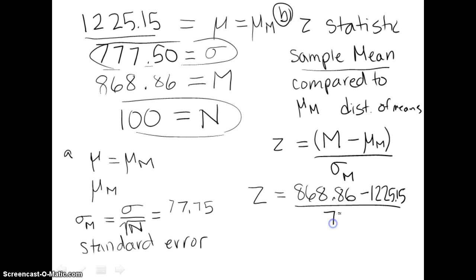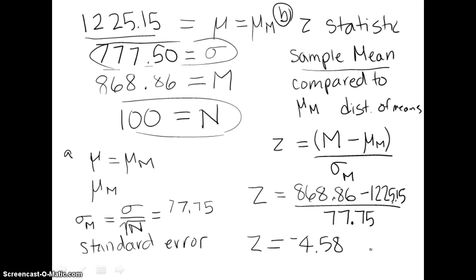We divide that by 77.75. If we work it out, you can try the calculations yourself, we find that our value is negative 4.58. So Z is equal to negative 4.58.